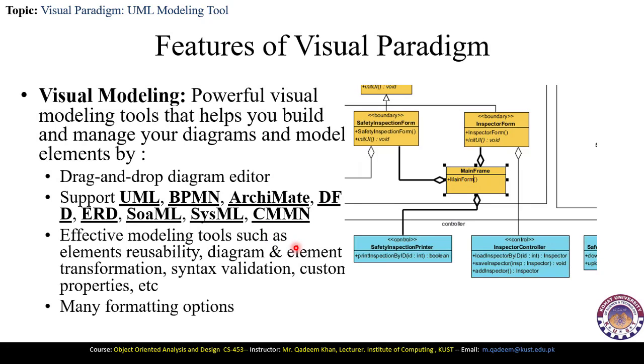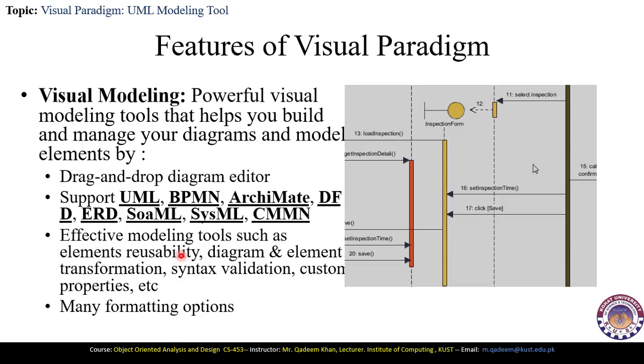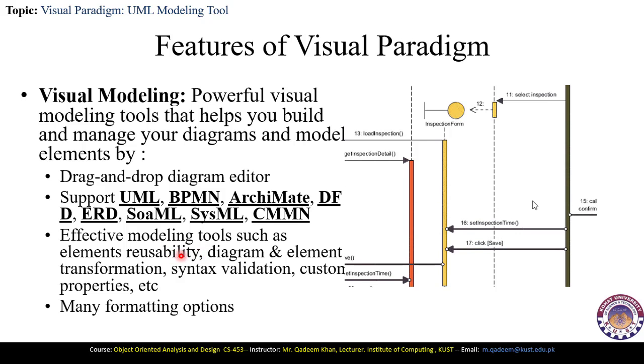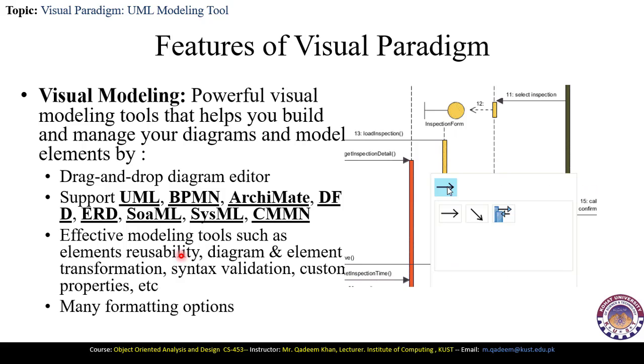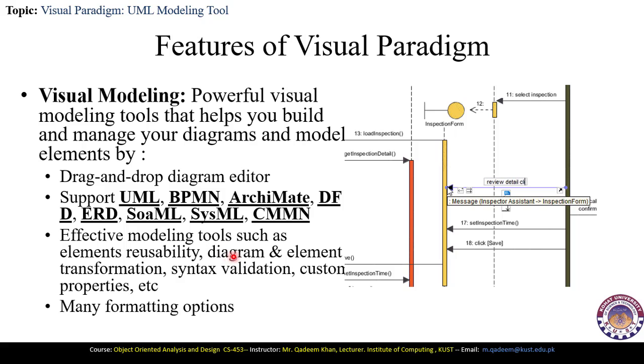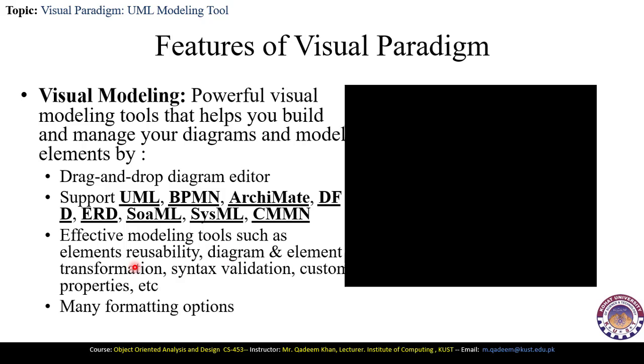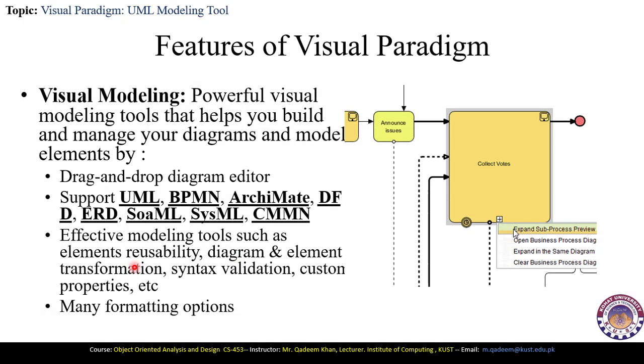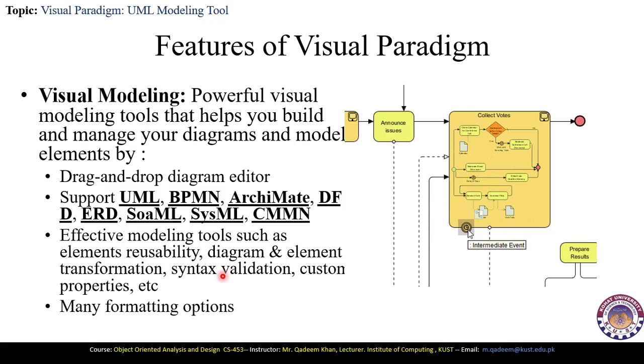So that means these tools provide different sorts of component reusability. You can create your diagram once, then you can reuse that diagram in any other project. Similarly, diagram and element transformations, where one diagram can be transformed into another type of diagram.